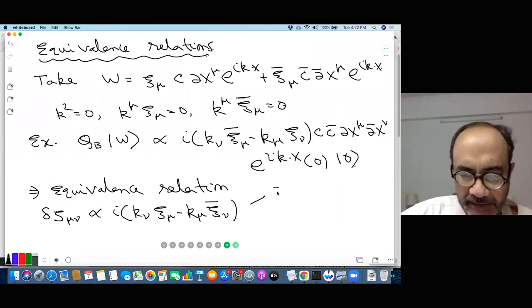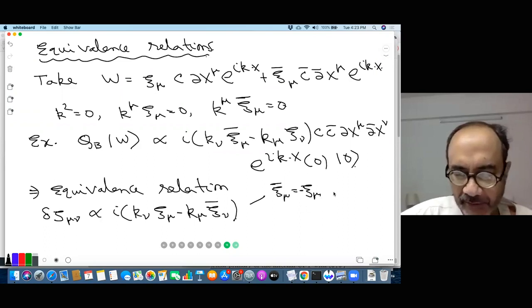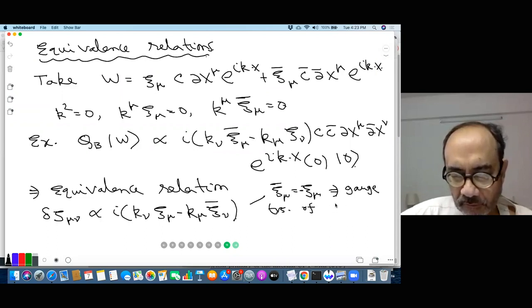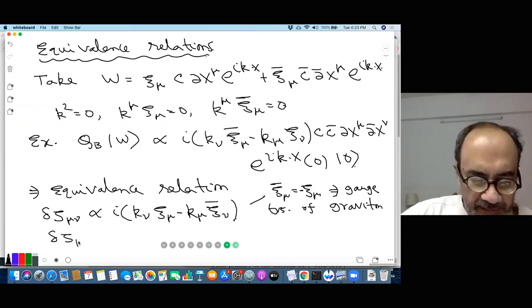If we take xi bar mu equal to minus xi mu, then you get a symmetric combination over here. So this gives the gauge transformation of graviton. Here delta zeta mu nu is proportional to I k nu xi mu plus k mu xi nu.